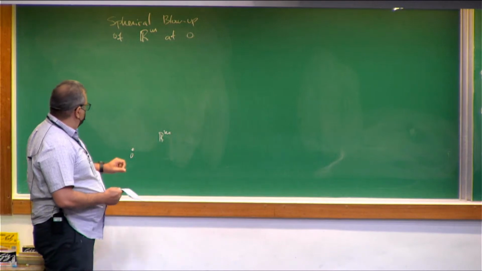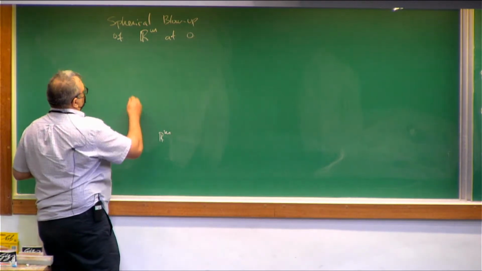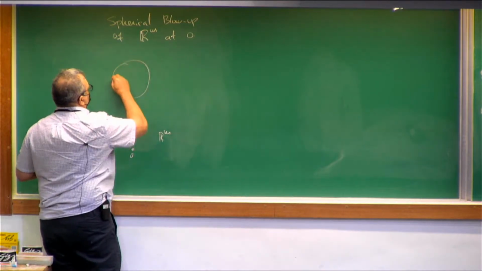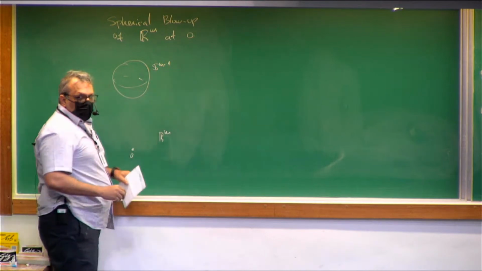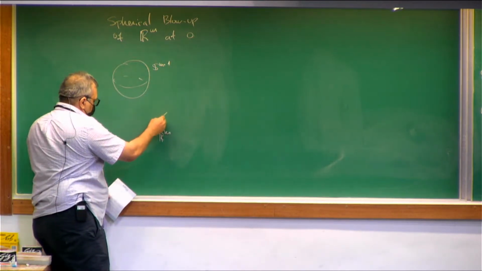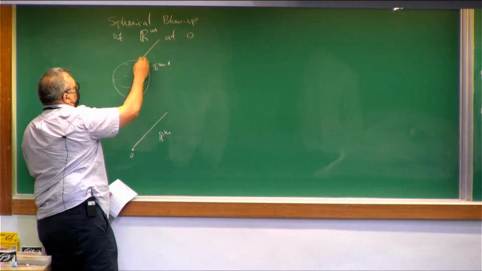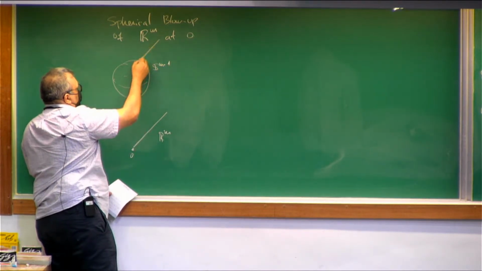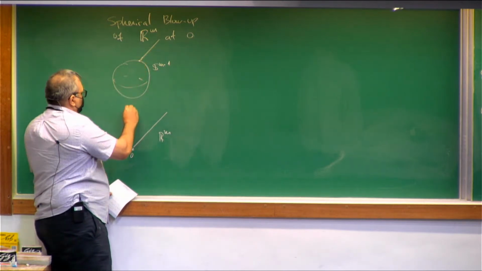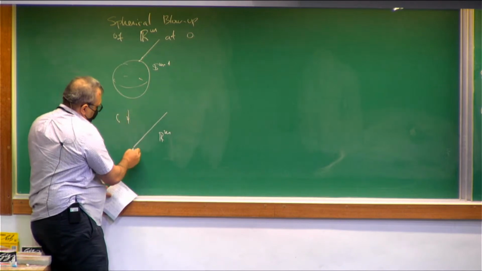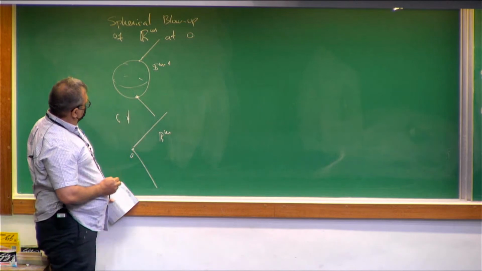Then the idea is to take an explosion here to transform 0 into a sphere, and a direction goes to the same direction. Now this direction ends on the sphere, not in the point. If you have a direction here, this direction ends here, okay?